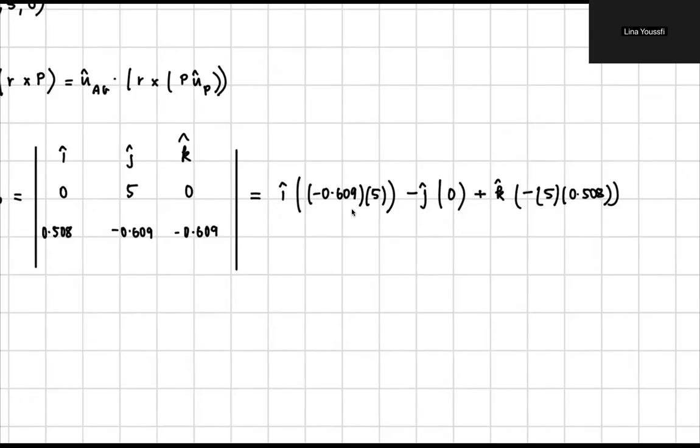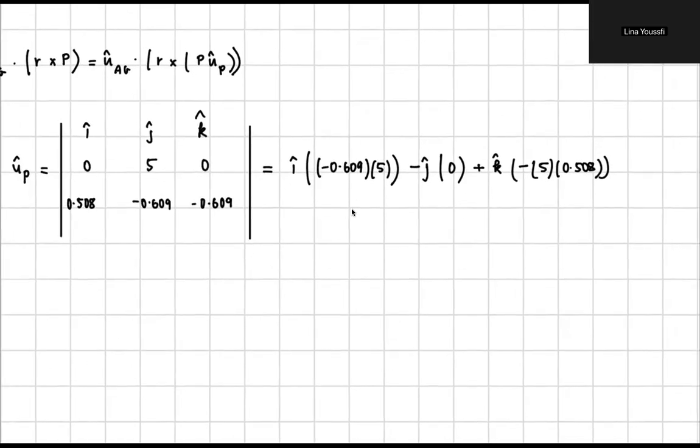Okay, this gives us negative 3.045 in the I direction, and then plus 0 in the J direction, and then minus 2.540 in the K direction, which can also be written out as negative 3.045, 0, and negative 2.540.